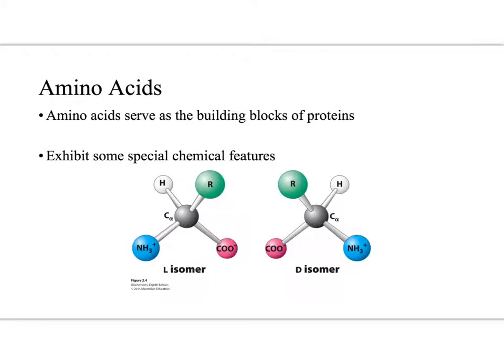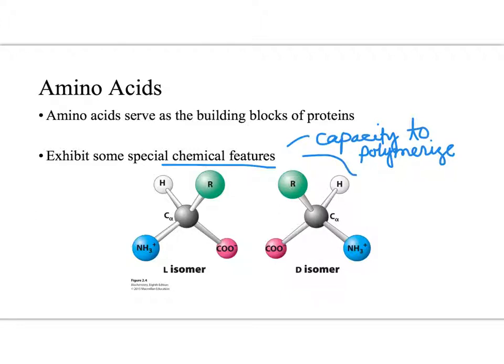So now let's get to those building blocks of these protein structures, the amino acids. Now, amino acids will exhibit some special chemical features. These will include the capacity to polymerize. They also have some novel acid-base properties.